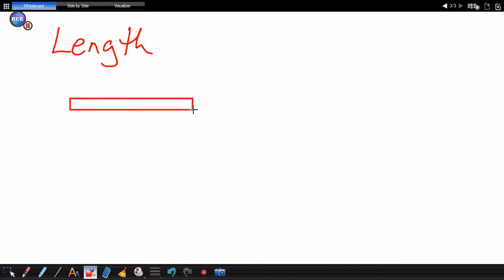I'm going to draw it out so it looks like this. And then we're going to identify particularly the amount at which it changes. Right. So this part is the original length. This is what we're going to call L0.